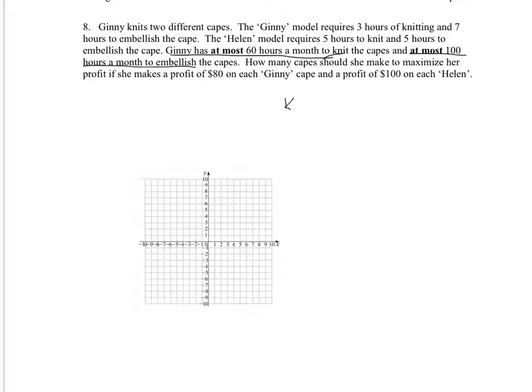We had one for knitting, one to embellish, and that meant that the Jenny was going to be given the variable X, the Helen model was given the variable Y.